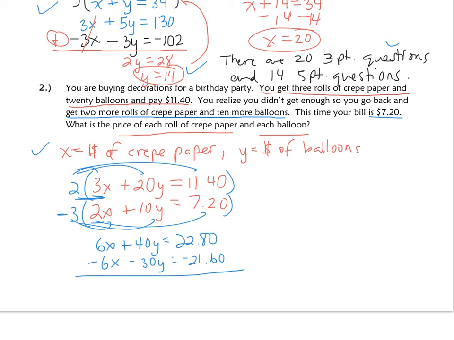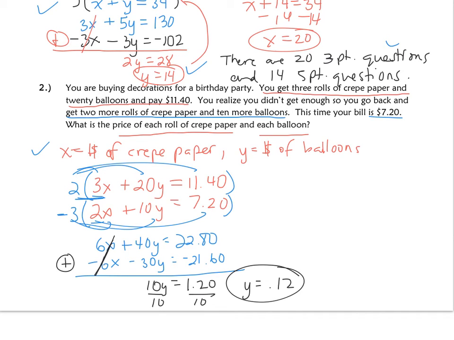Alright, so when I add these 2 together, the x's cancel. 40 minus 30 is 10y. $22.80 minus $21.60 leaves me with $1.20. Okay, and if I divide by 10 and divide by 10, y ends up equaling 12 cents. So 12 cents for a balloon.